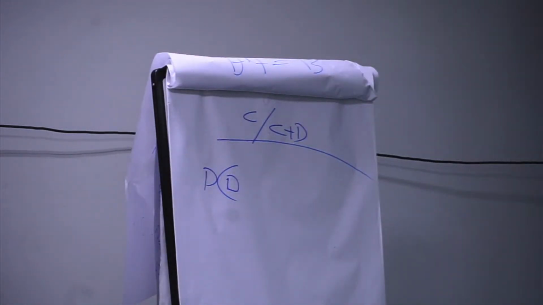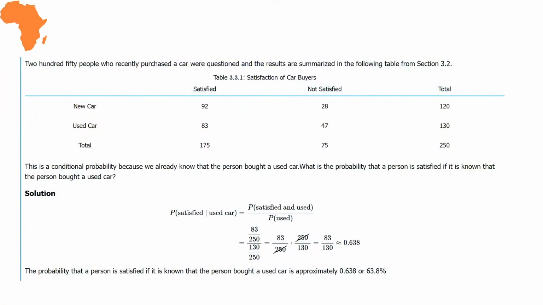Now, let's go slowly. What is the probability of being disease negative given you tested negative? Okay, what is the probability of testing negative given you are disease negative? That is the negative predictive value. What is the probability of being disease negative given you tested negative?